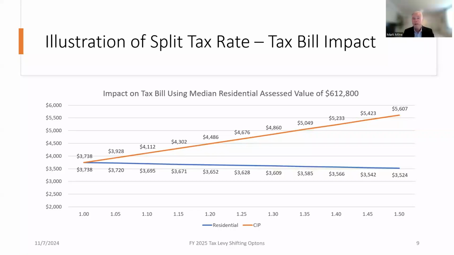And as the blue line illustrates, the financial benefit to the residential property owner using this tool is not that significant. Correspondingly, the financial impact to a CIP property owner is significant, again, because the tax rate for the CIP class goes up about 30 cents or more at each shift of 5, and the residential rate only goes down 3 cents at each one of those shifts.